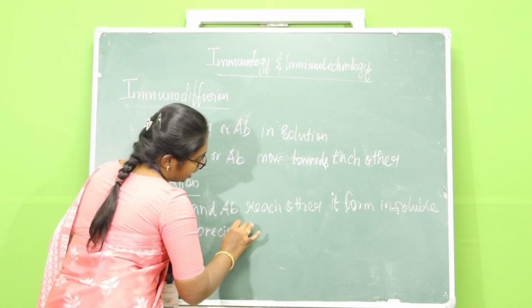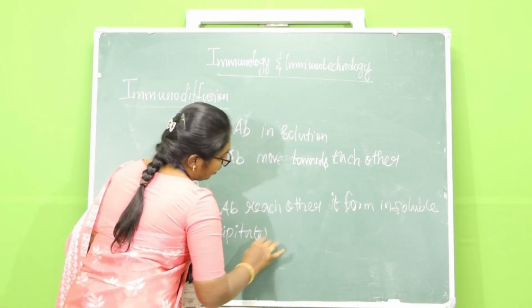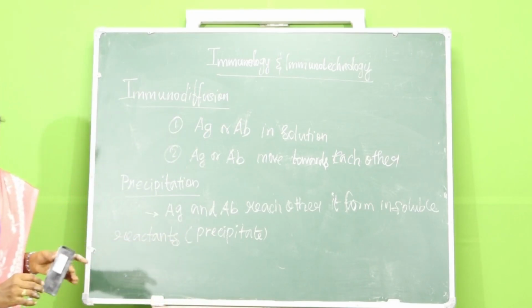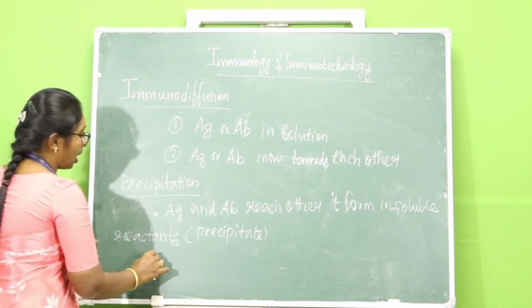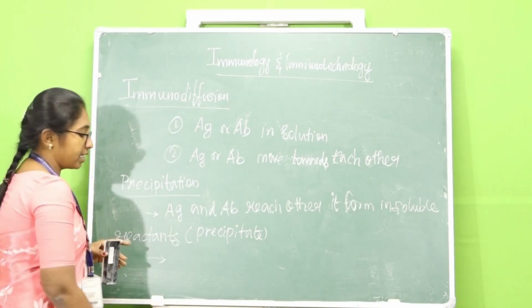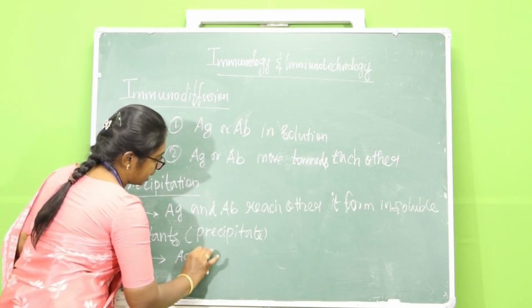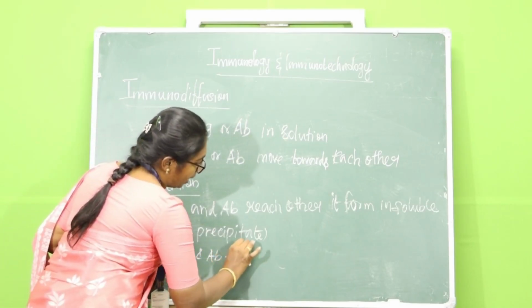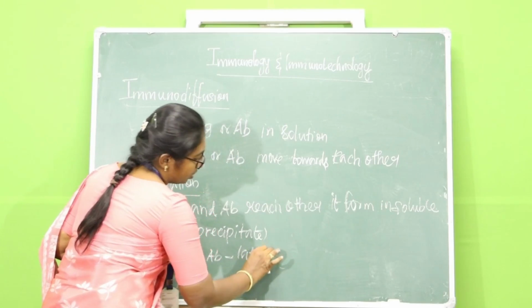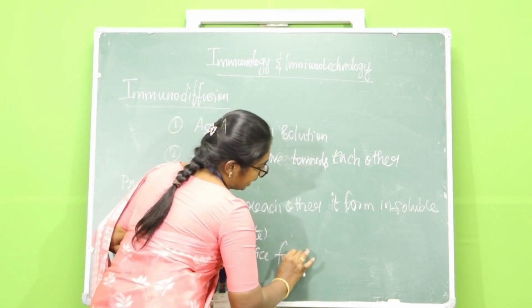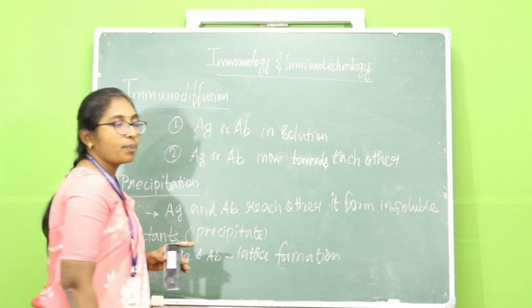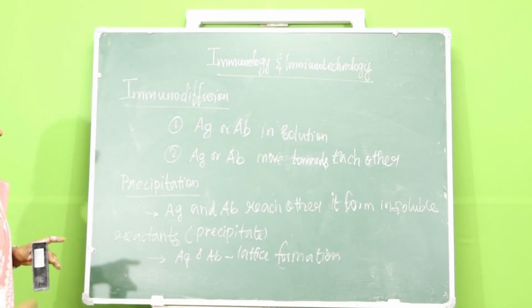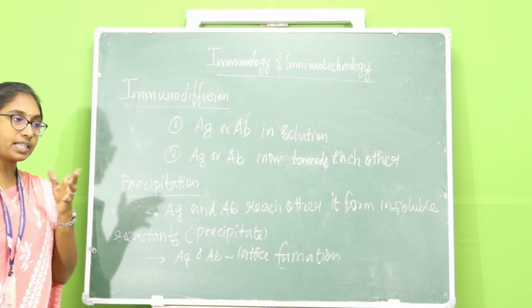So when the antigen and antibody react, they will be in an insoluble form as a precipitate. This is the principle behind precipitation. Also, how the interaction takes place: the antigen and antibody form a lattice formation. They react with each other to form a complex as a lattice. That is the principle behind the precipitation.